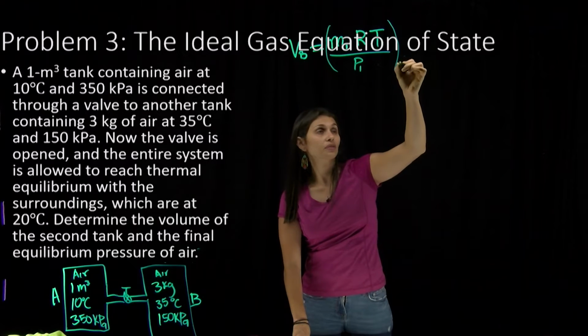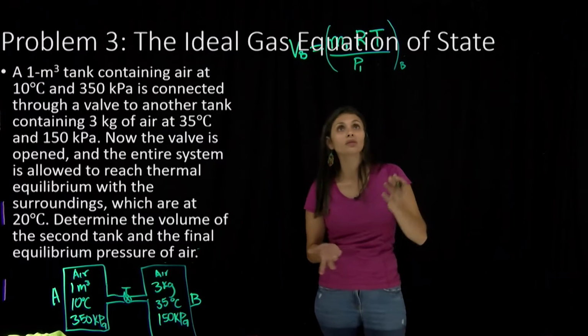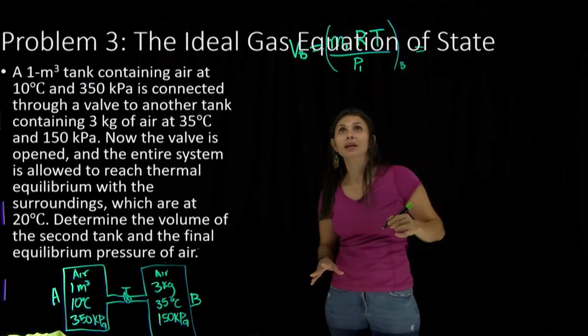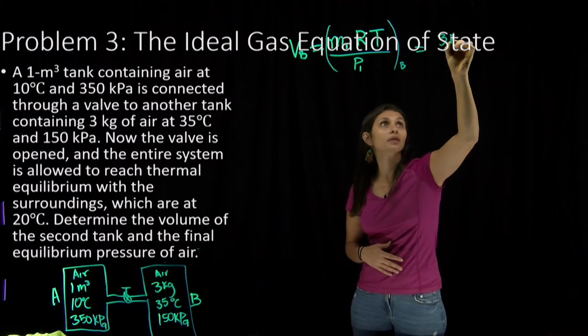And all of this is for tank B. We just replace the mass, which is 3 kilograms, right?